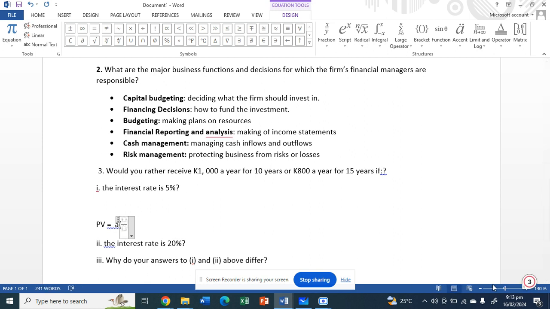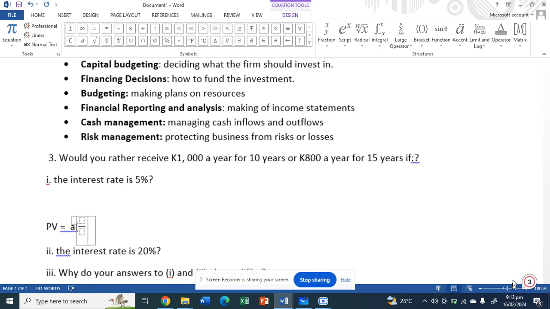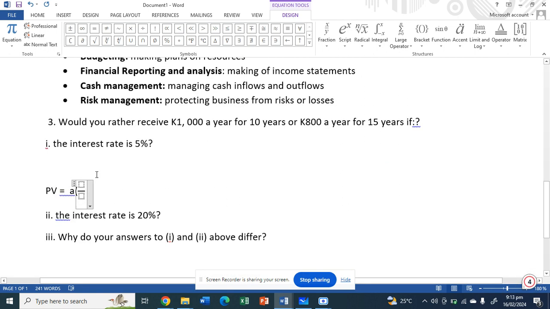Okay, let me zoom in. So this is the formula for the present value of an annuity.